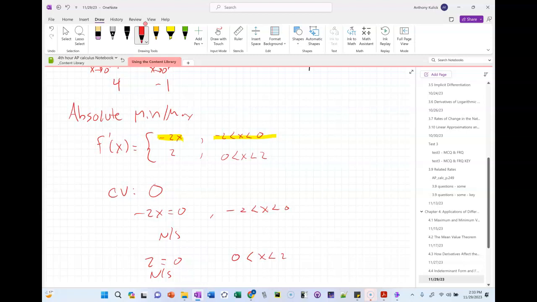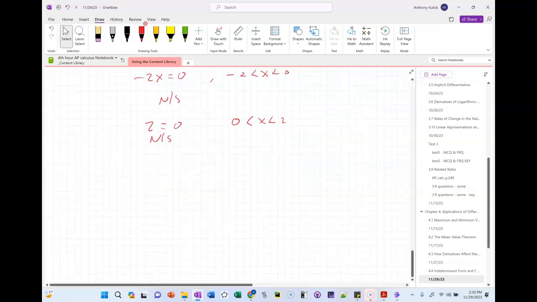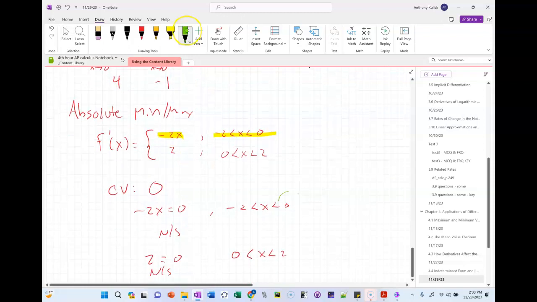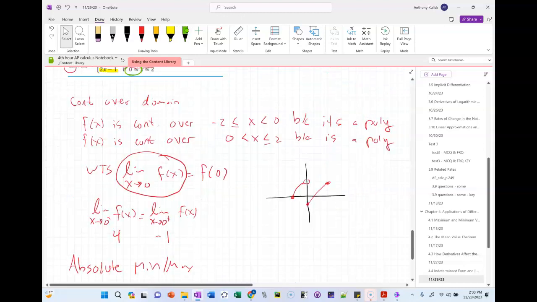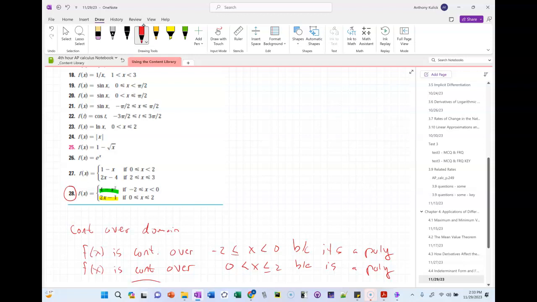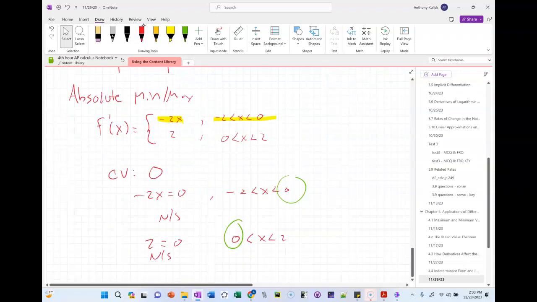That continuity check at the beginning was important, right? Because 0 is not in the domain for f prime, but it was in the domain for f. Critical values aren't just where the derivative is 0, it's also where the derivative is undefined, provided that f was defined there, right? Okay.